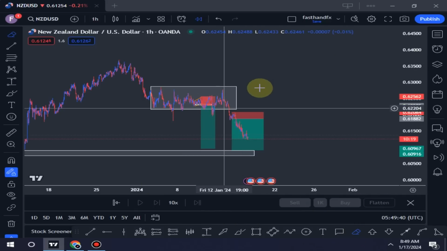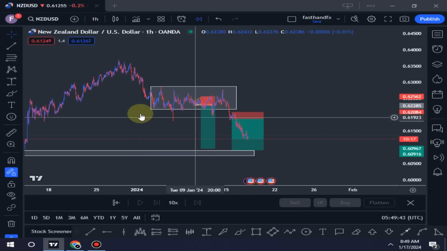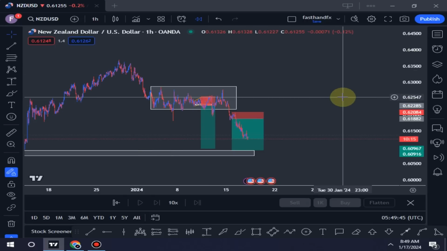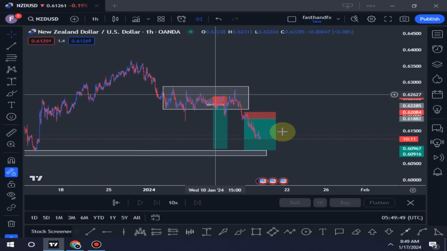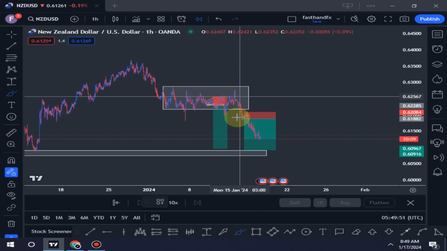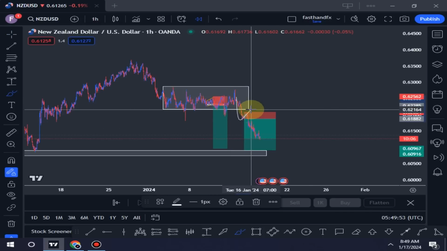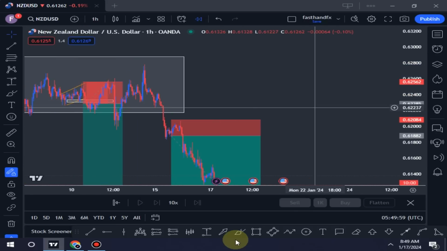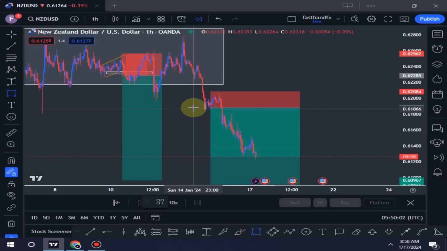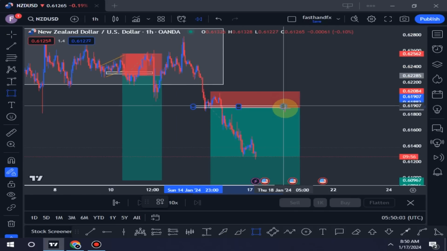All right. Like I said, the reason why we took this sell position is that price was still in a ranging form, okay? And we were not supposed to make an entry inside this box. So we were just supposed to wait for a break, make price give us a retest or a correction. Now, if price took the low level right here, then that is where we should have made our sell position.